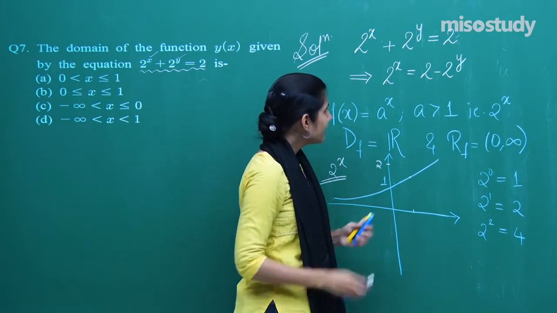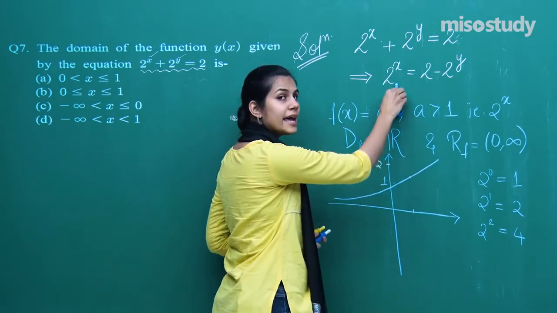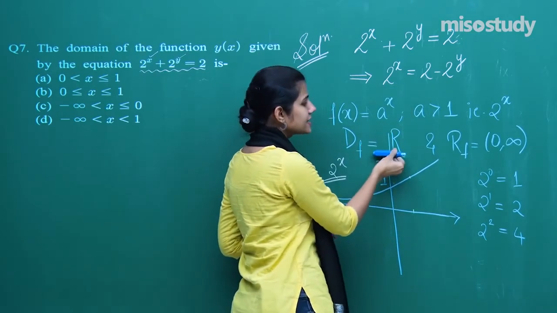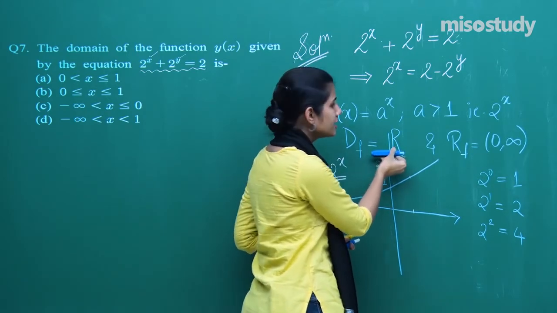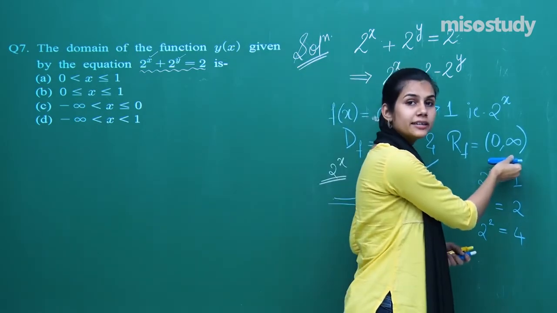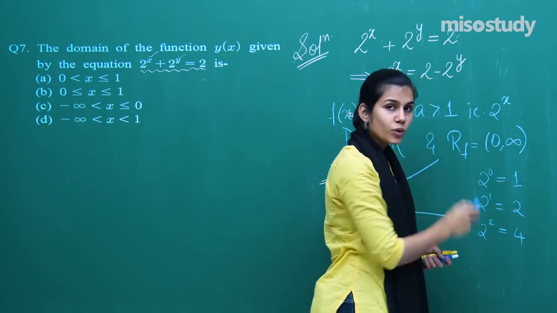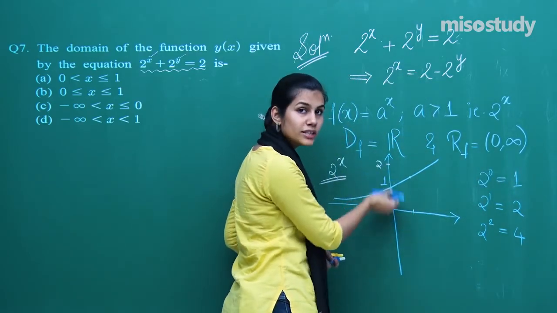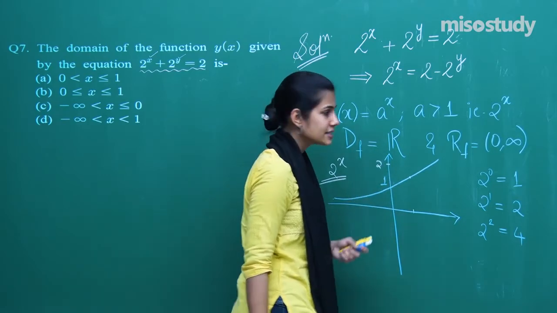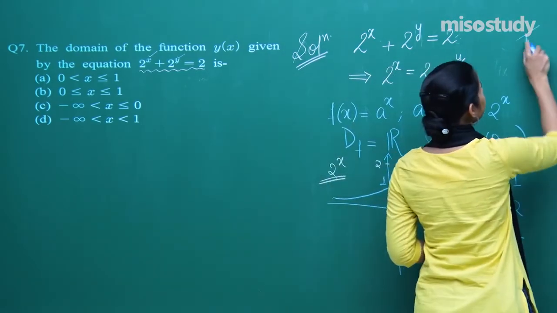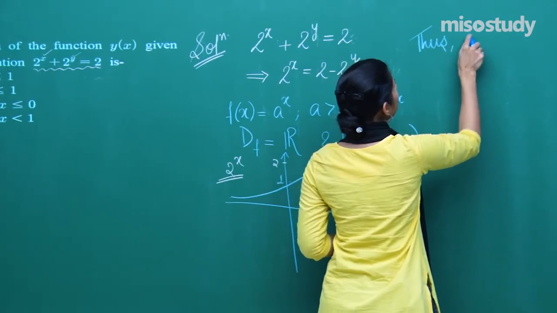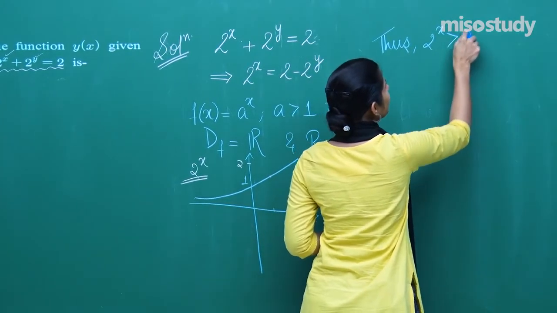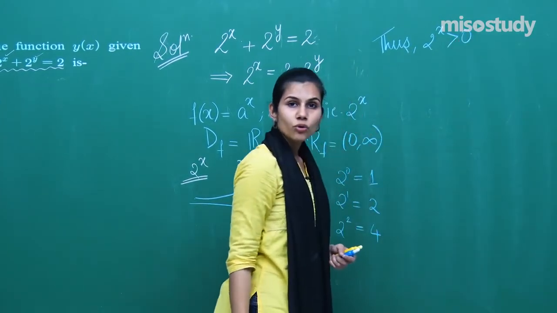That means I know that 2 to the power x for every x sitting in the collection of all reals is always going to be greater than 0. That is what is the range, or if you can see the graph also, the entire graph is on the above side of the x-axis, implying that 2 to the power x is always greater than 0.